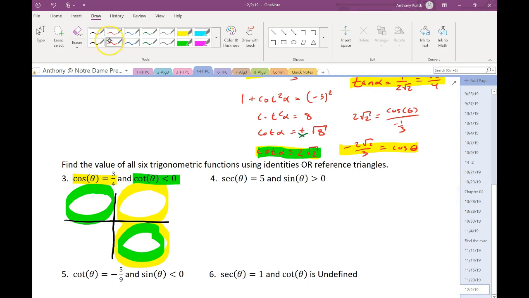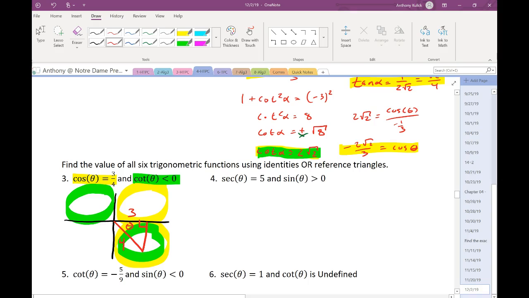So where is my triangle located? In the fourth quadrant. Cosine is adjacent over hypotenuse.